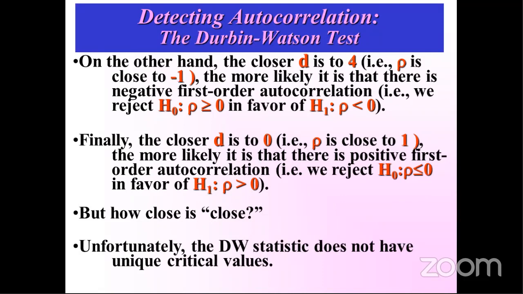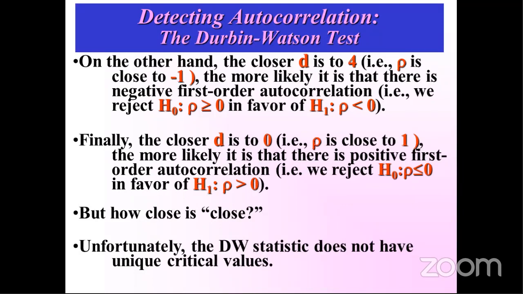The reason is that the Durbin-Watson D statistic does not follow the standard distributions. That means D does not follow the t distribution, or chi-square, or F, or the normal distribution. So Durbin and Watson themselves developed a distribution for that, called the Durbin-Watson distribution.